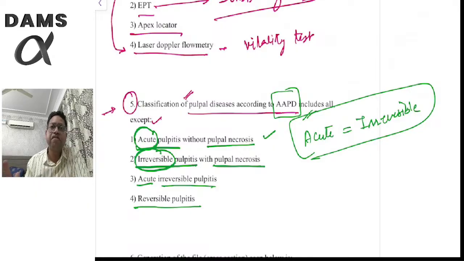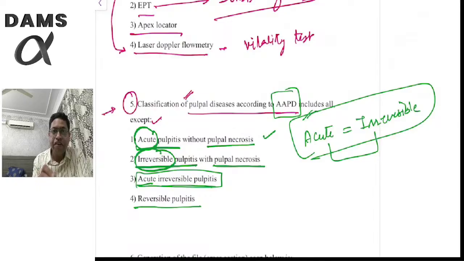Now we come to option C, acute irreversible pulpitis. I have told you these two terms are interchangeable, so there is nothing called acute irreversible pulpitis. If we mention something as acute irreversible pulpitis, then there has to be something called acute reversible pulpitis.